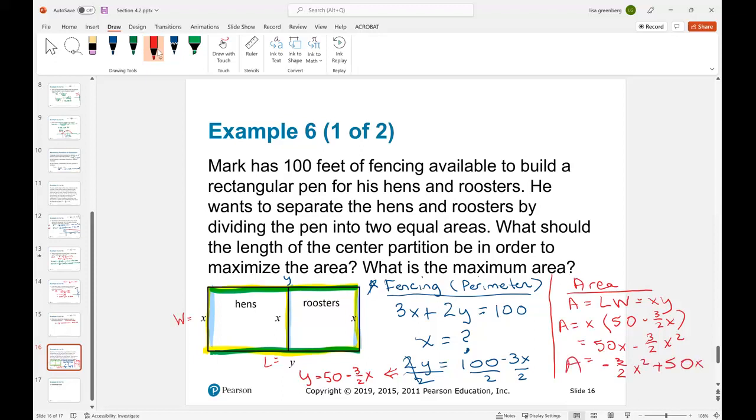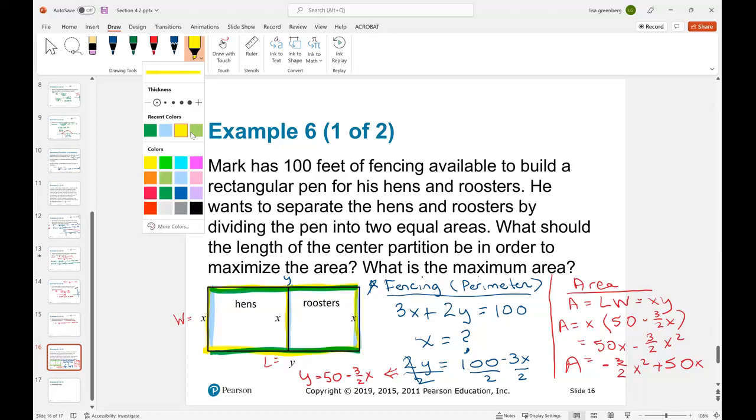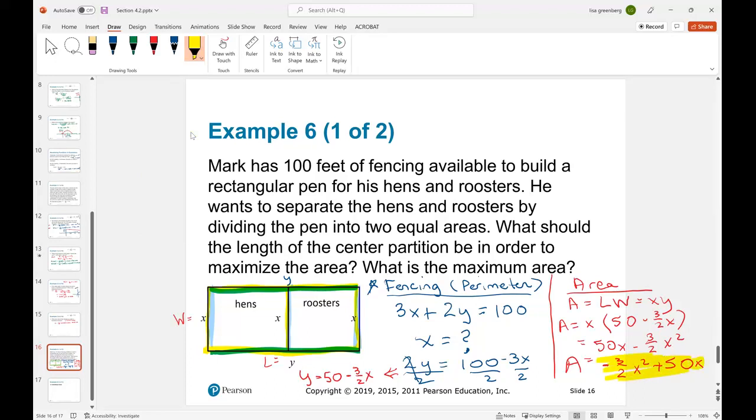That's equal to the area. So now I really only need this one equation. So I know I want to maximize this, right? And I came to it by knowing how much fencing they gave me. Hopefully that's clear.